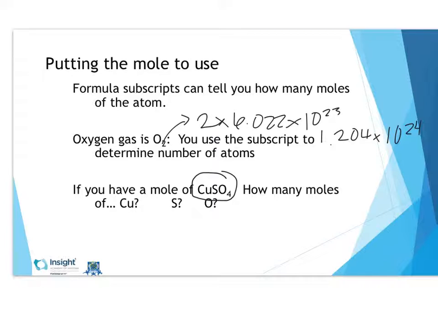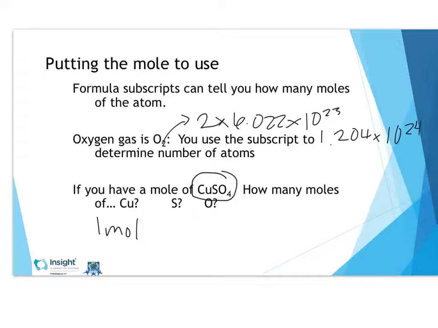Because I know that if I have a mole of copper sulfate, I have a mole of copper sulfate molecules. Okay? Which means that every single one of those molecules has 1 copper in them, which means I will have 1 mole of copper. All right?